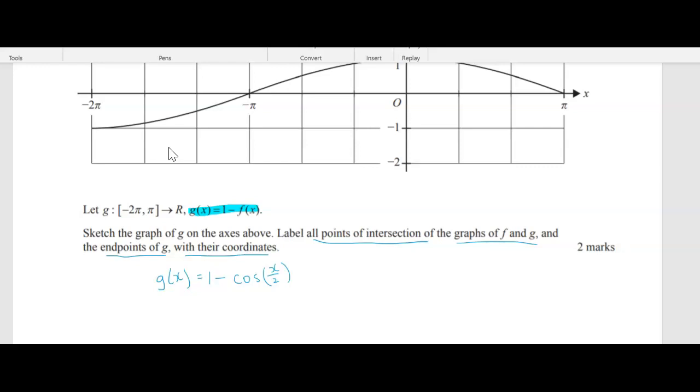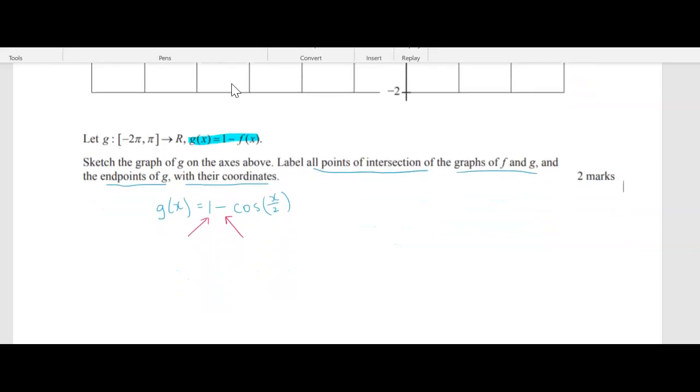All right, so what has happened here with this graph, if we think about the transformations, we've got this 1 and we've got this negative sign. So what has happened is that negative means it's been reflected and the 1 means it's been shifted up 1.